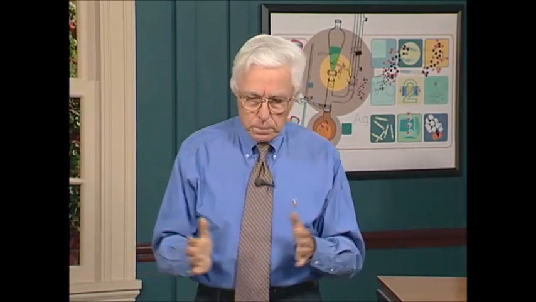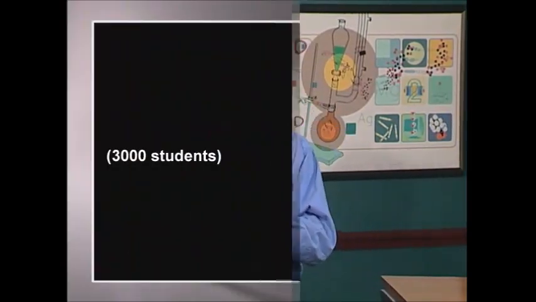For example, if you wanted to work the students in rooms problem by using the factor label approach, your reasoning would go like this. Well, I'm beginning with the quantity 3,000 students. I must end up with my answer in rooms. Therefore, what I need to do to get my answer to come out in rooms is to multiply by some kind of a factor that has the following labels.